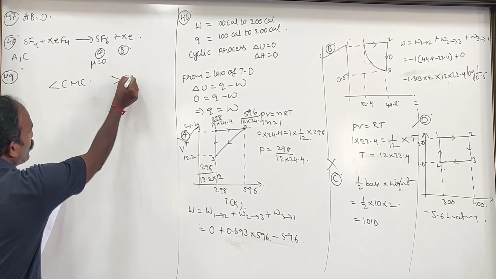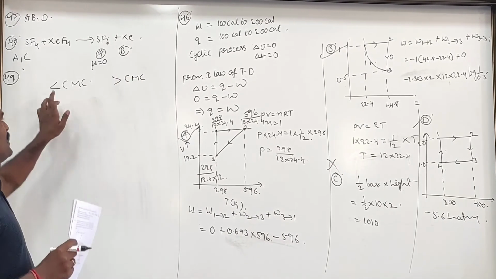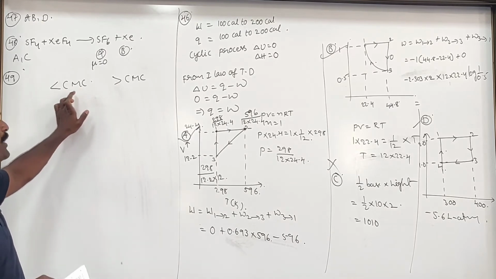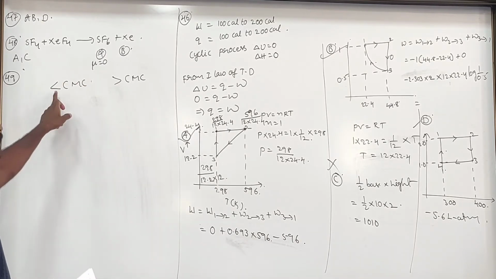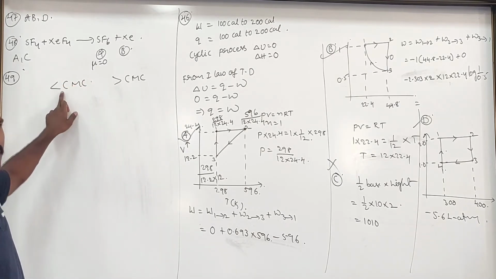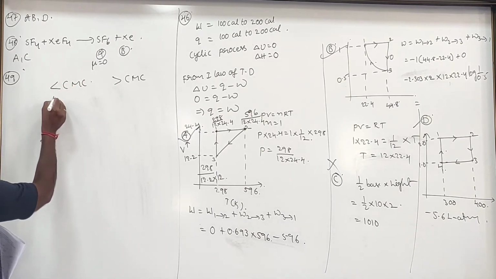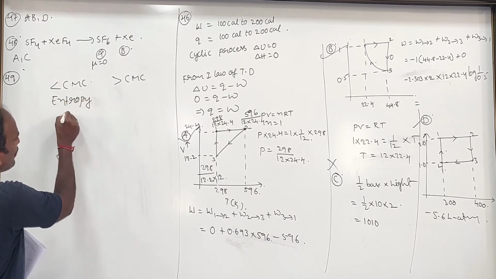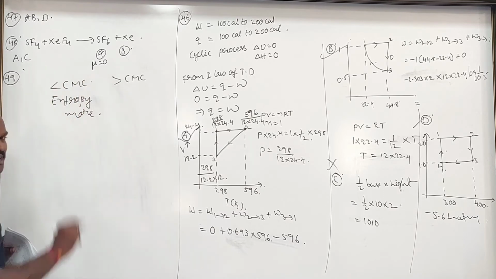Yes, we have to talk about this. If detergent concentration is slightly less than CMC, it is not going to form micelles. If micelles are not formed, it is not going to be formed as a macromolecule. If it is not formed as a macromolecule, its entropy will be more. Entropy will be more because more particles are present.